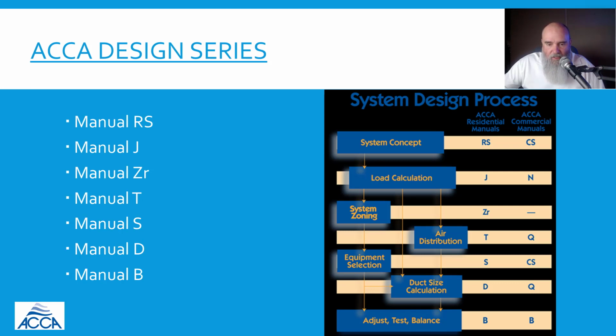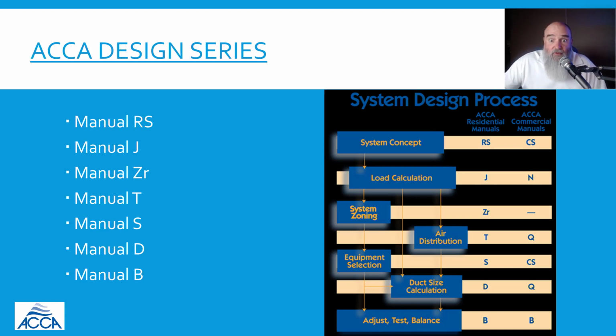So I'm going to turn my laser pointer on here, and there it is. Manual RS, quality read. It explains residential systems to us. Manual J is going to be the book that is a giant math problem to tell us how many BTUs are coming in and out of a structure. ZR is a book that gives us guidance on how to zone systems.